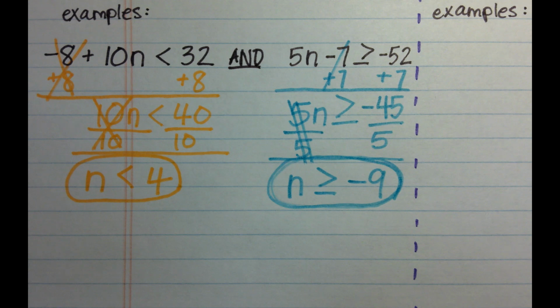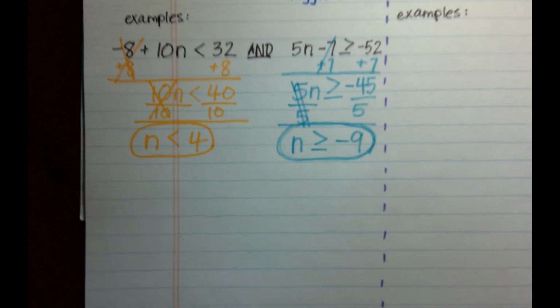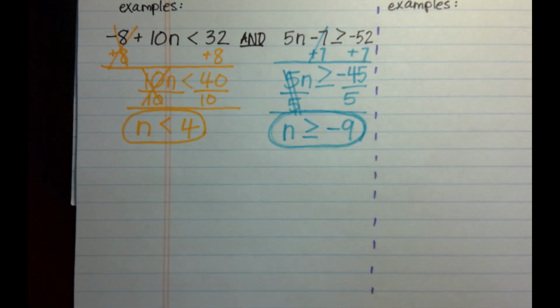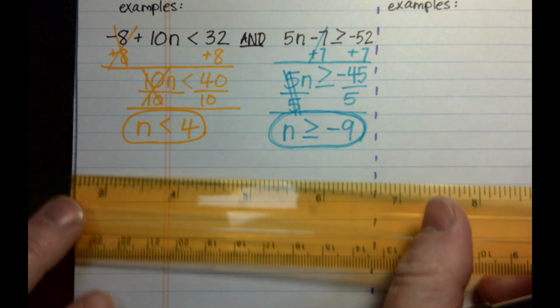Now here's the fun part. We're going to draw our graph. So I'm going to start by drawing a line, and I want to give myself 2 tick marks because I have 2 answers.